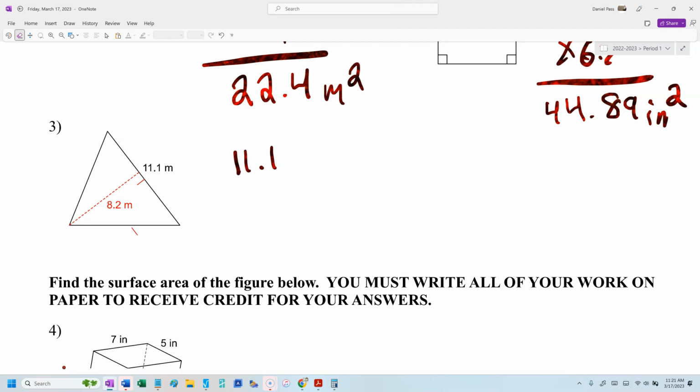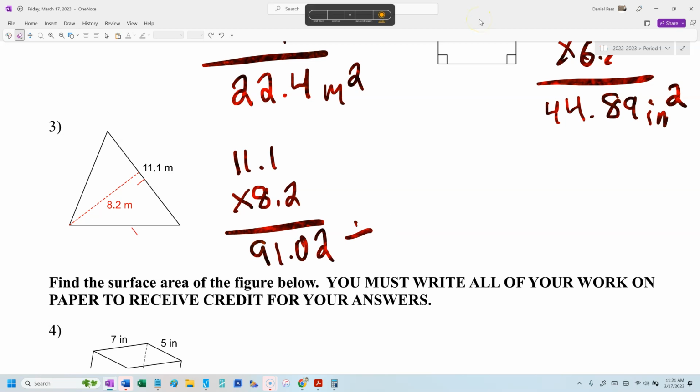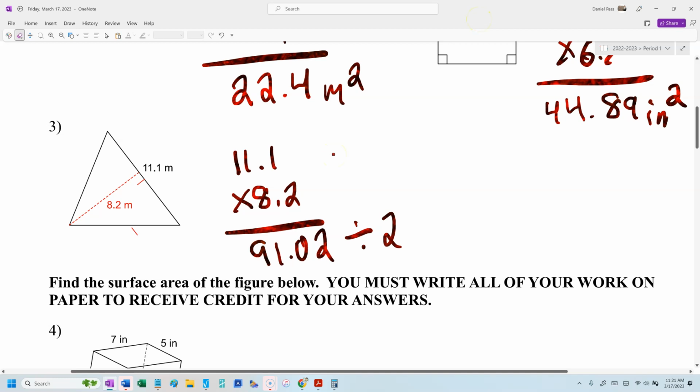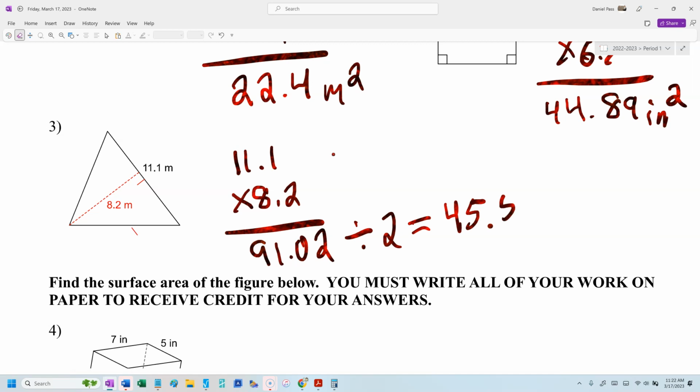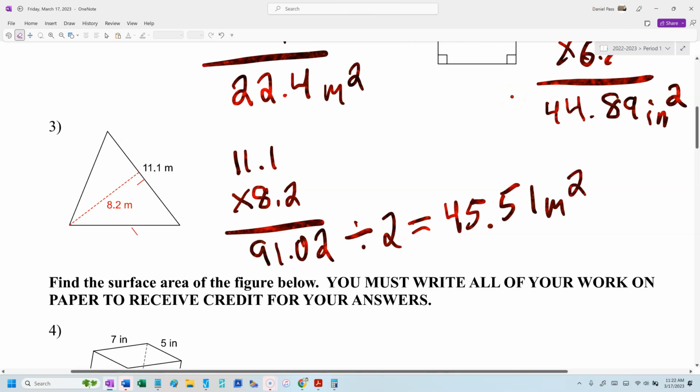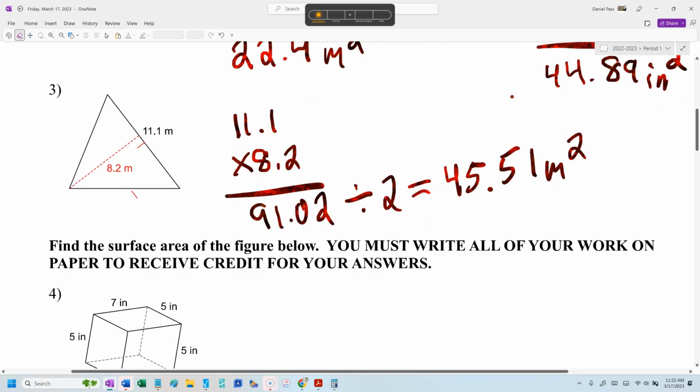So 11.1 times 8.2 makes 91.02, divided by 2 equals 45.51 meters squared. All right, hopefully we got that right. Who got that one right? Yay, pretty much almost everybody. Very good.